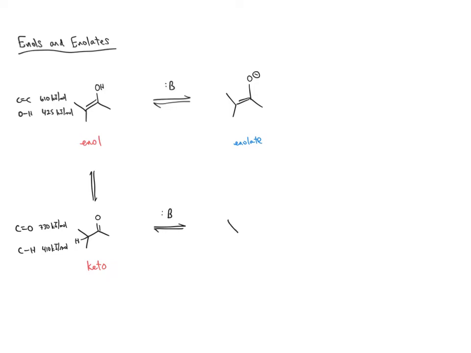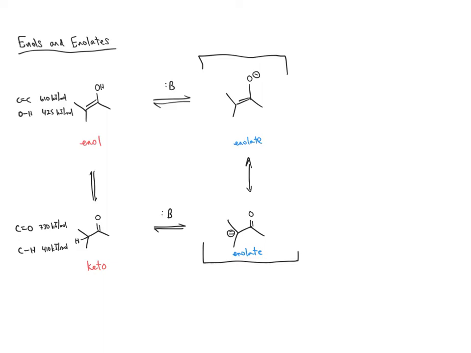And so in the case here, we're going to get deprotonation of that keto form to give us a negative charge on carbon. And this demonstrates that these two enolate forms are indeed resonance forms of one another. Okay, so we can draw a resonance arrow in between them.